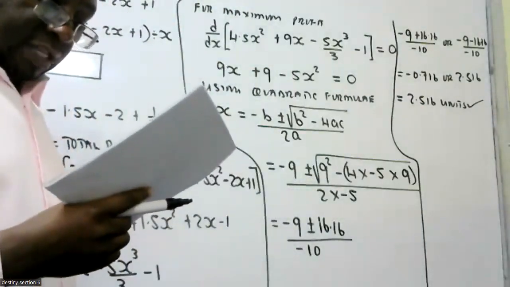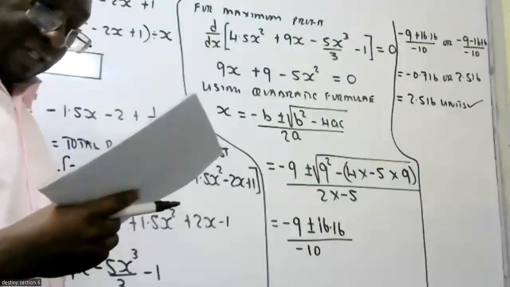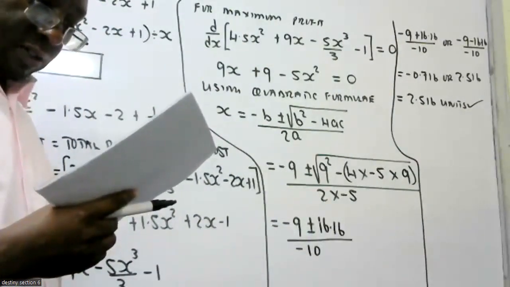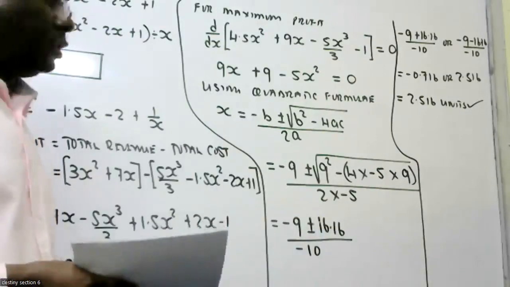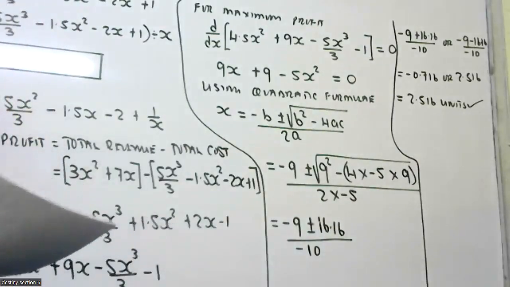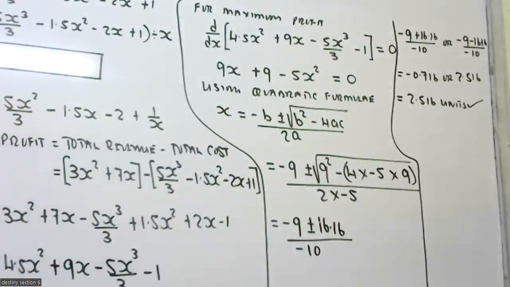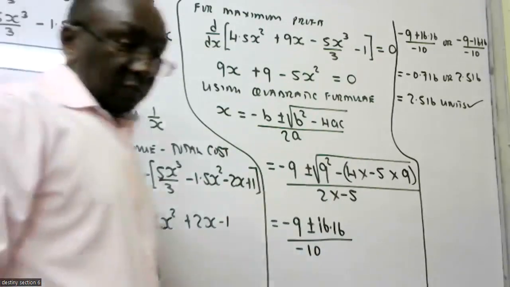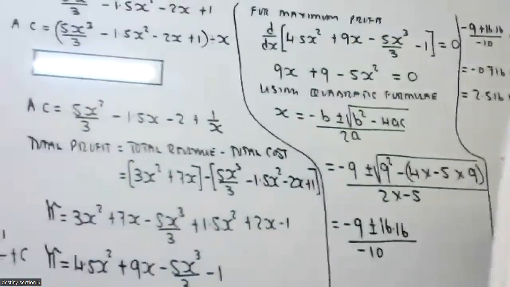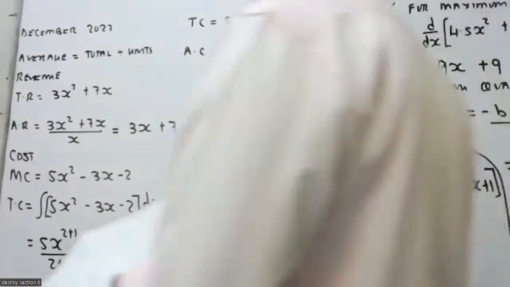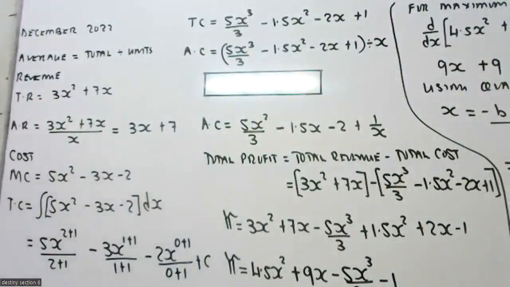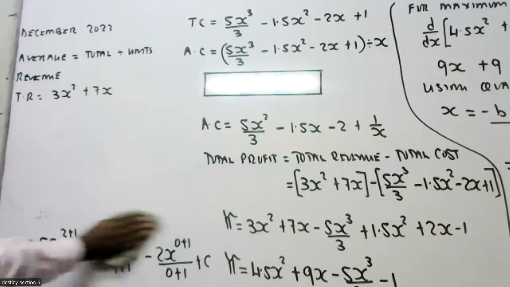Number 3: calculate the price charged upon maximizing profit, and how much each of the shoes would cost. So the price at this point, you will have to come back to where we had our costs and our prices.